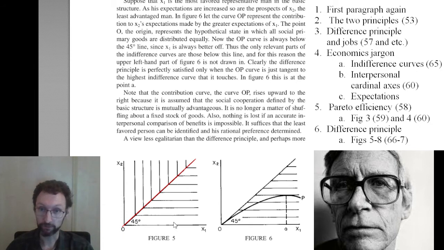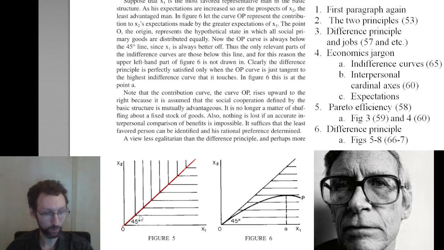Below the 45-degree line, x1 is doing better, because if we're on the 45-degree line and we go below it, we're giving more to x1, but we're not changing x2. But let's restrict ourselves to above the 45-degree line, where x2 is doing better, because we're adding to x2, but we're not adding to x1.